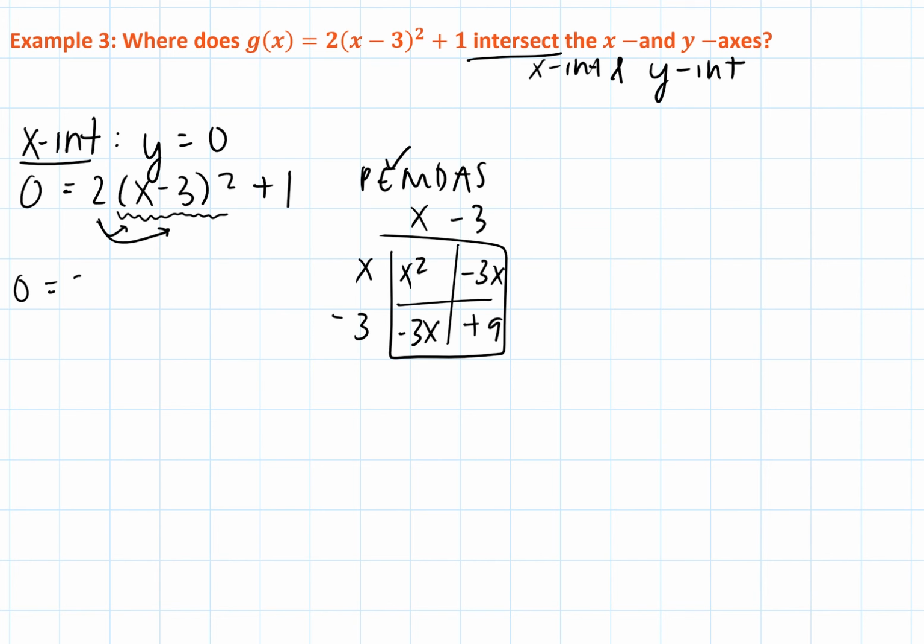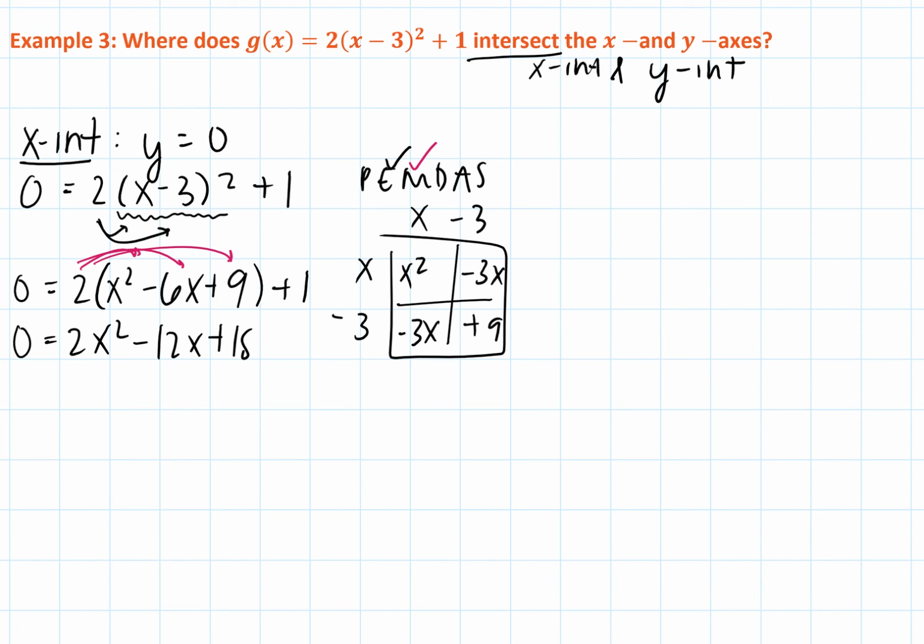So we have 0 equals 2 times the quantity x squared minus 6x plus 9. Now that we've done exponents, now we can do multiplication. Distribute this 2. Here we have a quadratic equation where that leading coefficient is not 1.